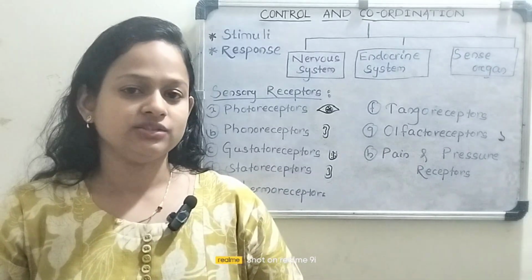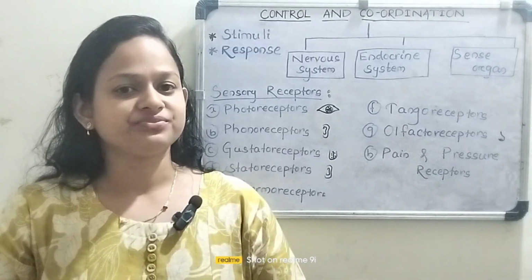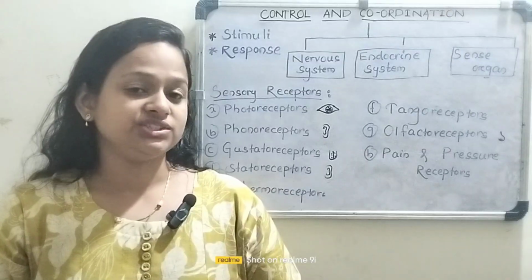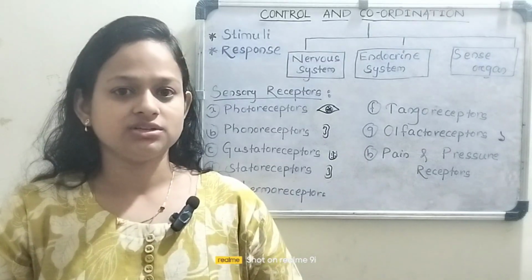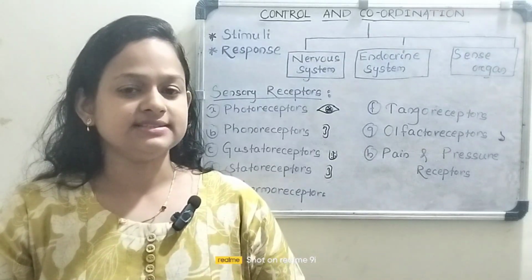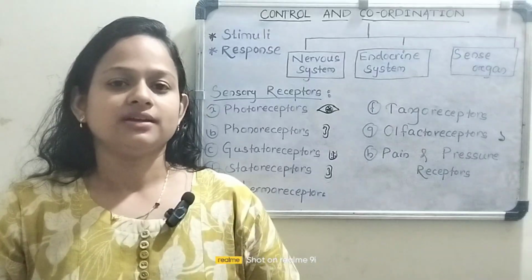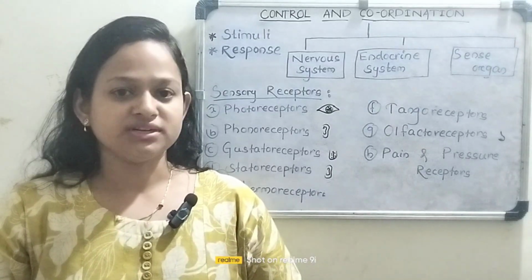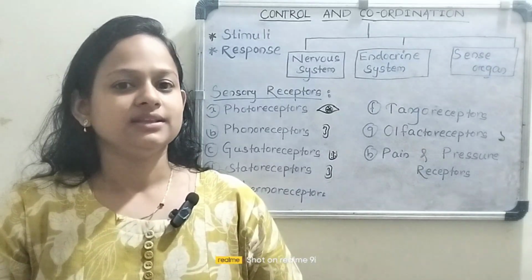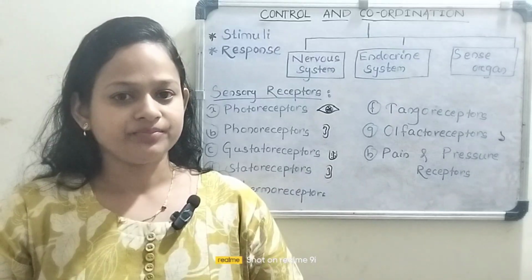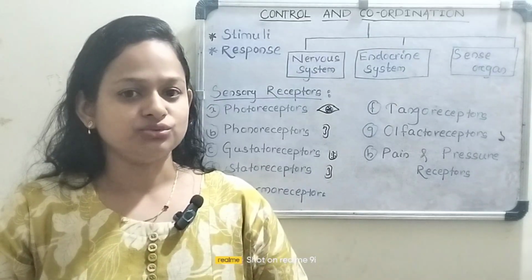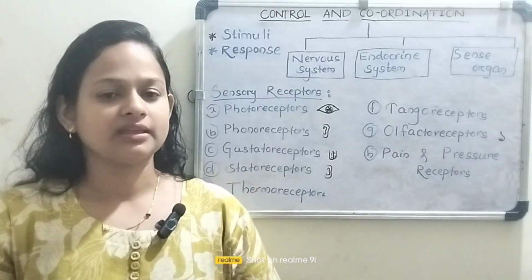If we see growth movement, then we can take the example of a seed. When a seed is sown in the soil and it gets its optimum condition, then it pushes aside the soil and comes out as a seedling.